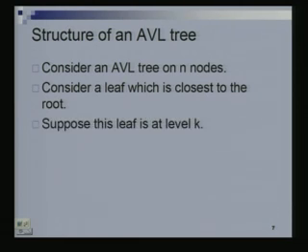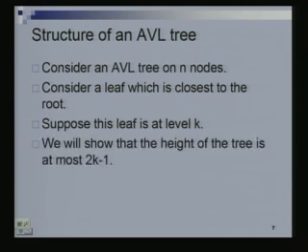Suppose this leaf is at level k. We can show that the height of the tree is at most 2k minus 1. Is this clear? No, this requires a proof, and let us do that.